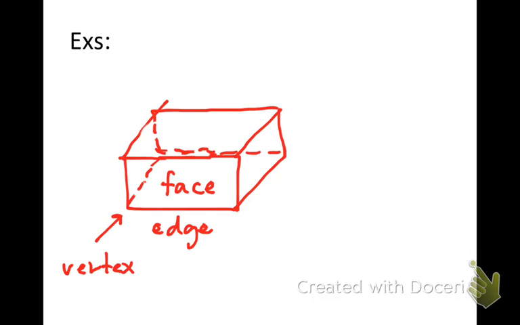Another example of a polyhedron could be some type of pyramid. That's a pyramid made out of triangles.